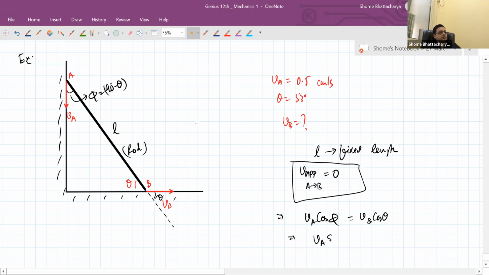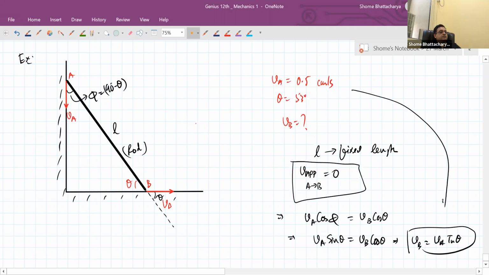So VA sin theta will be equal to VB cos theta. So VB will be equal to VA tan theta. And then you substitute these values. Simple. Okay. Yes, that's correct, Bhumik and Aditya. So I'm sure you are aware of multiple ways of solving this type of question. But I'm just telling you how the approach velocity concept becomes important like this.